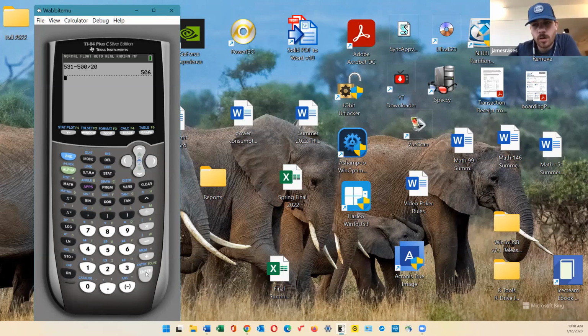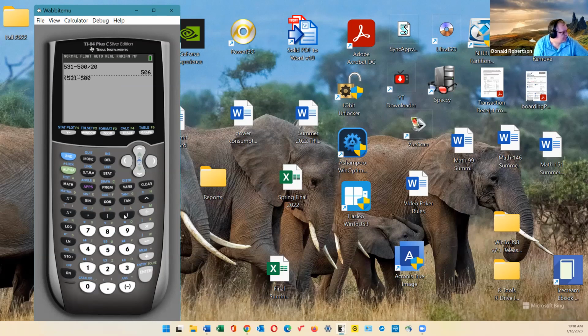Order of operation? Yes. So if you want to do it in one go, put a bracket around it and do 531 first, take away 500, finish the brackets, and then divide it by 20. So looking at that number, isn't that a much more realistic and reasonable typical z-score, right?